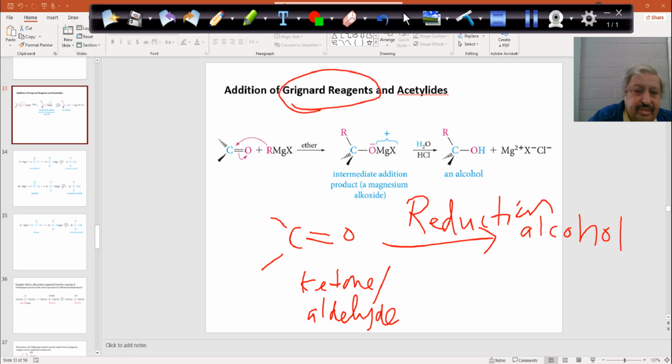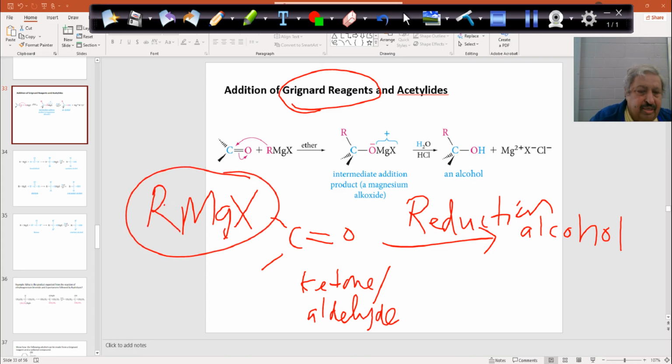A Grignard reagent is RMgX, correct? So alkyl magnesium halide, alkyl magnesium halide. This is Grignard, RMgX. When you add it to it, it will come to attach itself. You can see OMgX, it cut itself from here. Mg will be acting on the oxygen here, and the R here, guys, the R will go where?